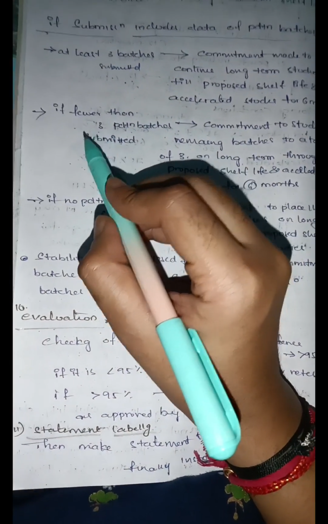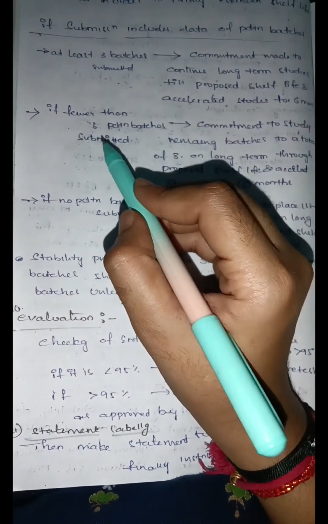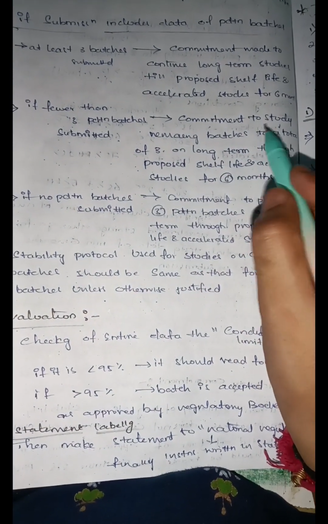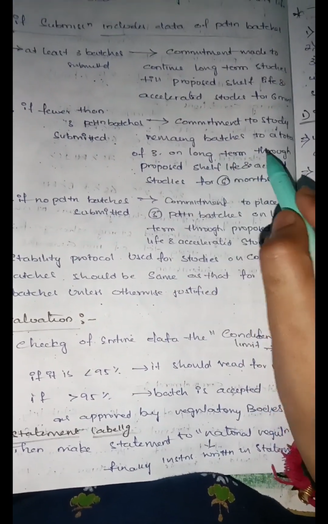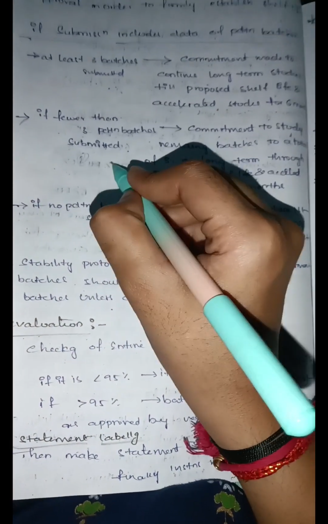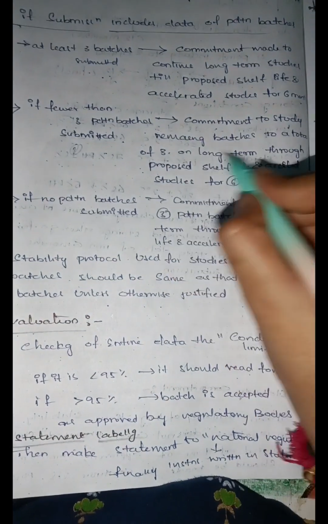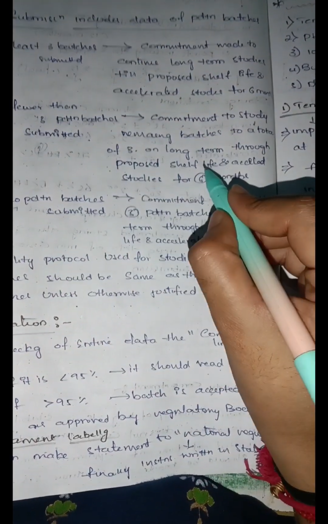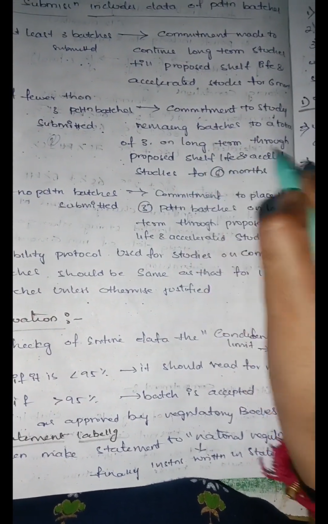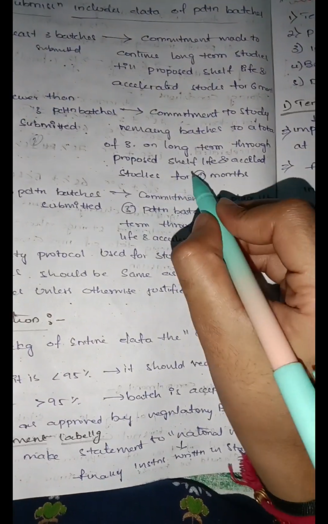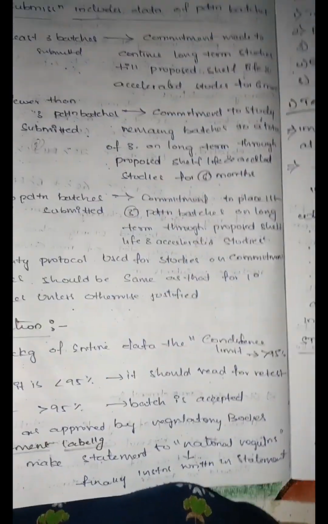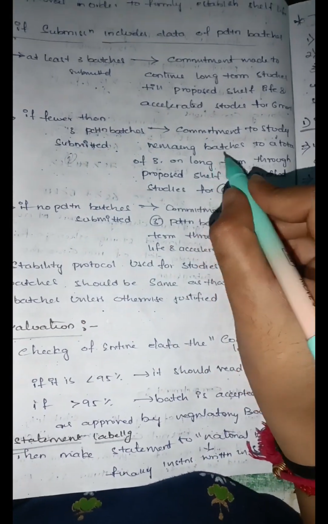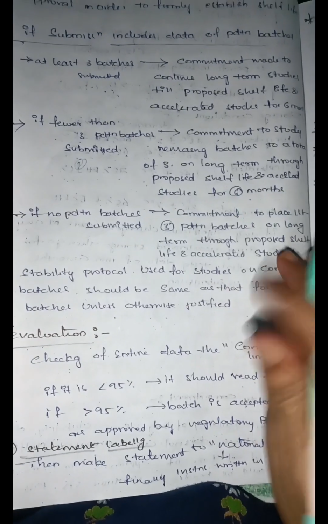If fewer than 3 production batches are submitted, for example only 2 batches, a commitment should be made to study the remaining batches within the proposed shelf life for long term and within 6 months for accelerated studies. Such a commitment should be submitted to the higher authorities.